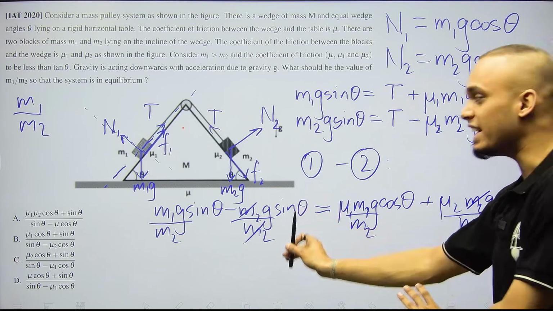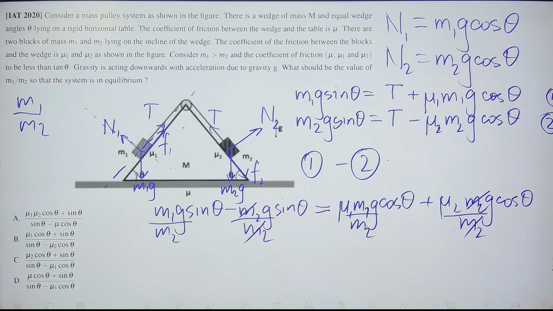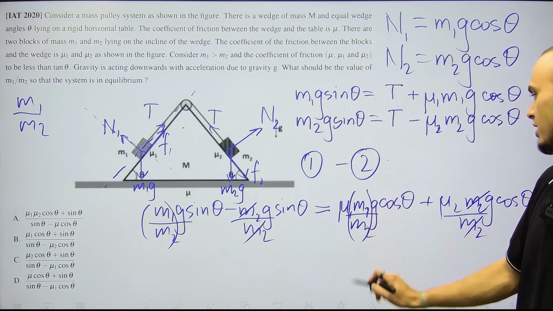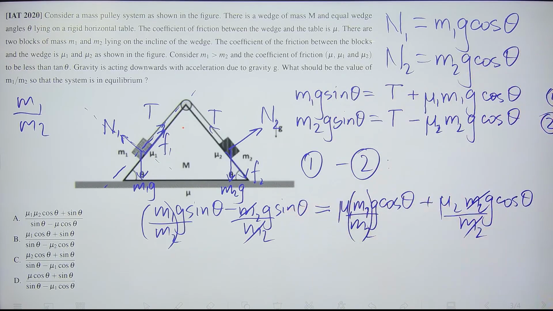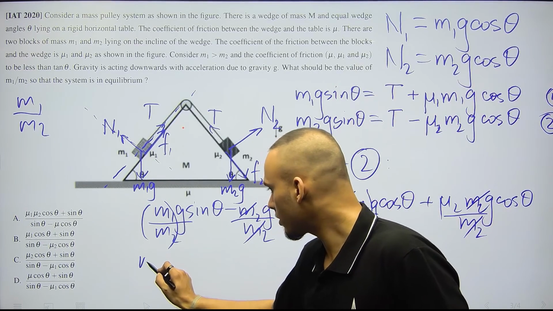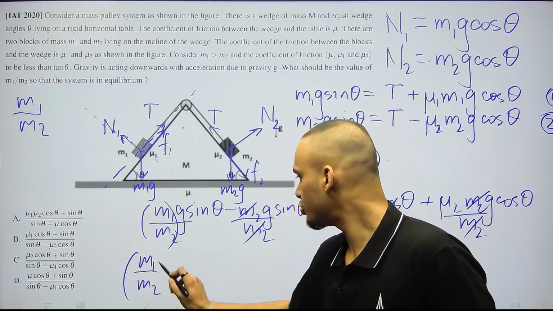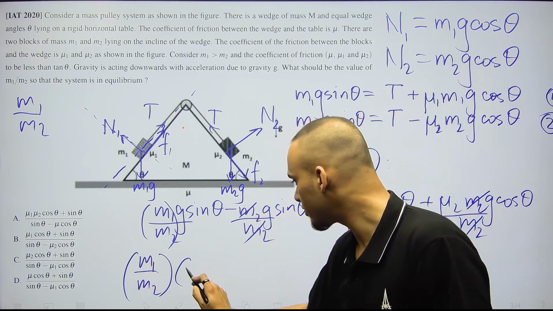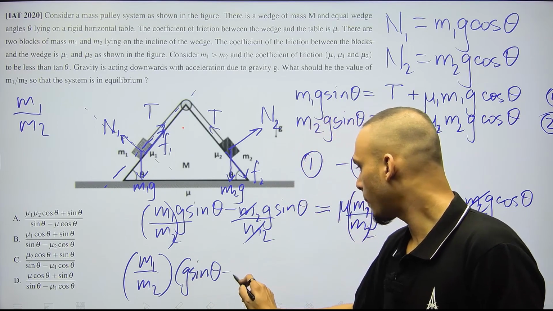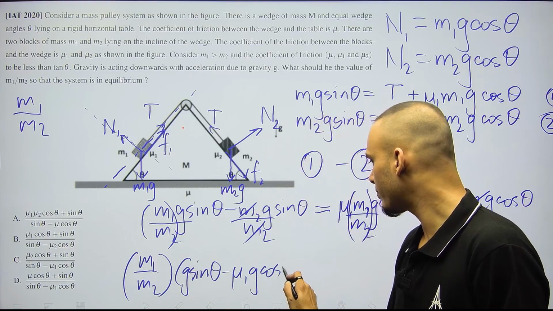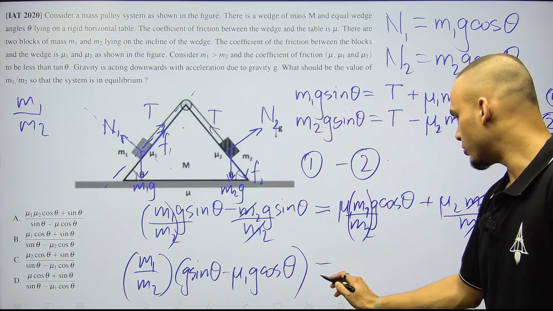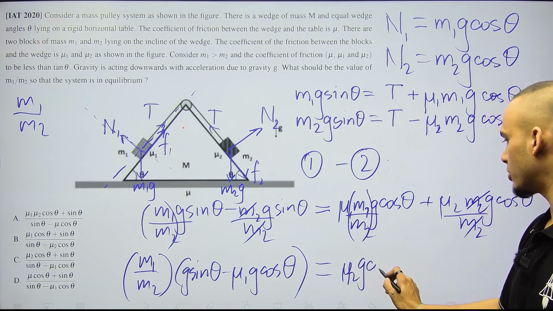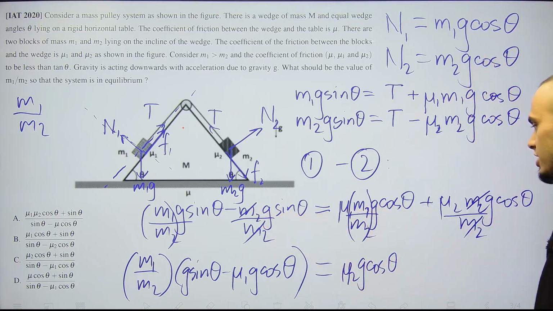Now if we simply rearrange these terms so that all the terms containing m1 and m2 are in the LHS and all the terms containing only sine theta and g are in the RHS, we will be left with m1 upon m2 should be multiplied by g sine theta minus mu1 g cos theta. This will be equal to mu2 into g cos theta, and we will add g sine theta to it.